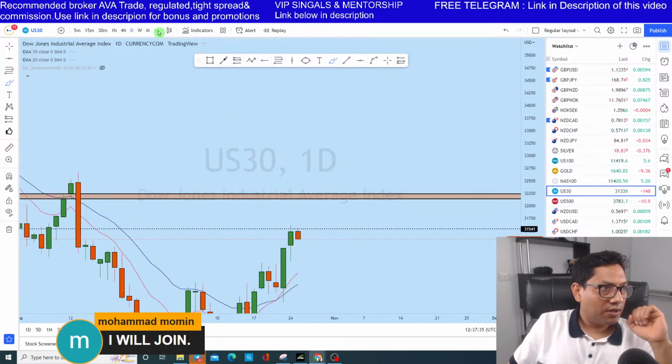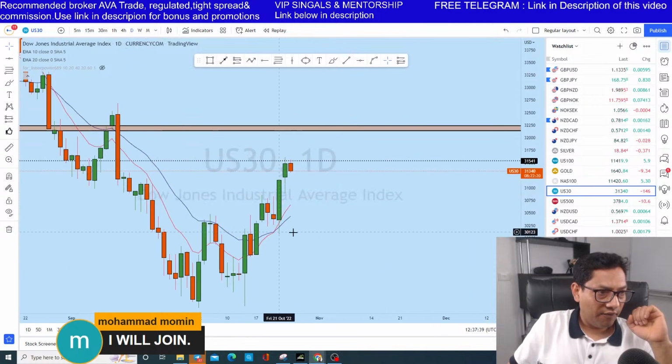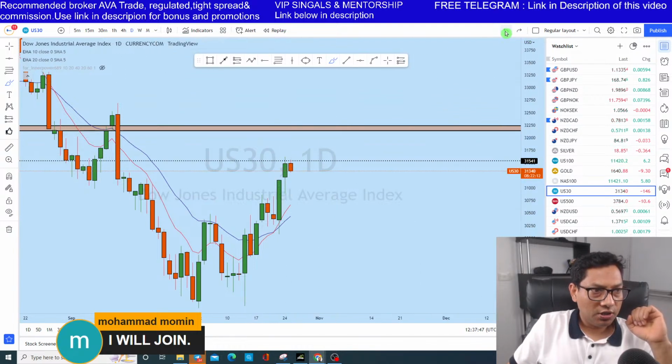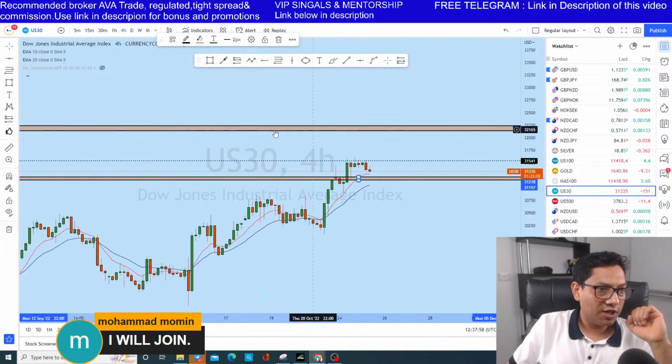Looking at the daily, after the previous days we see a very strong false breakout bullish engulfer, followed by a gap opening and a doji, which is a continuation pattern. For a bullish setup, I think this gap opening could be a very crucial zone for US30.